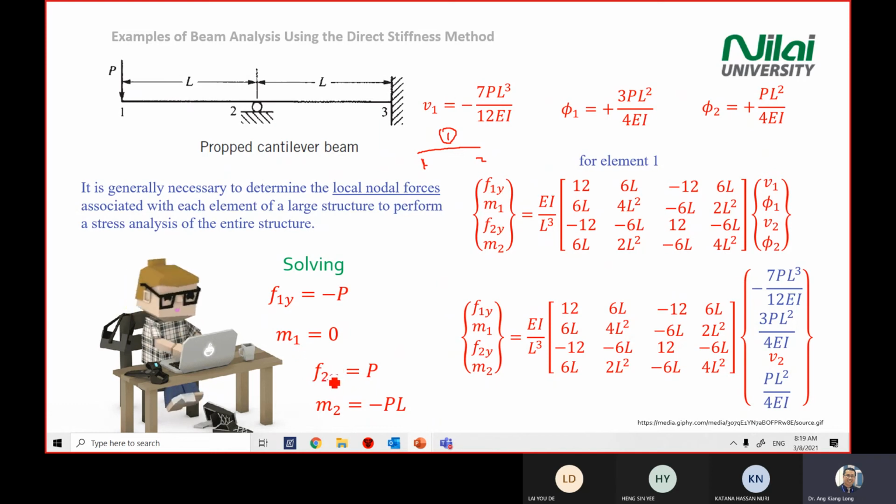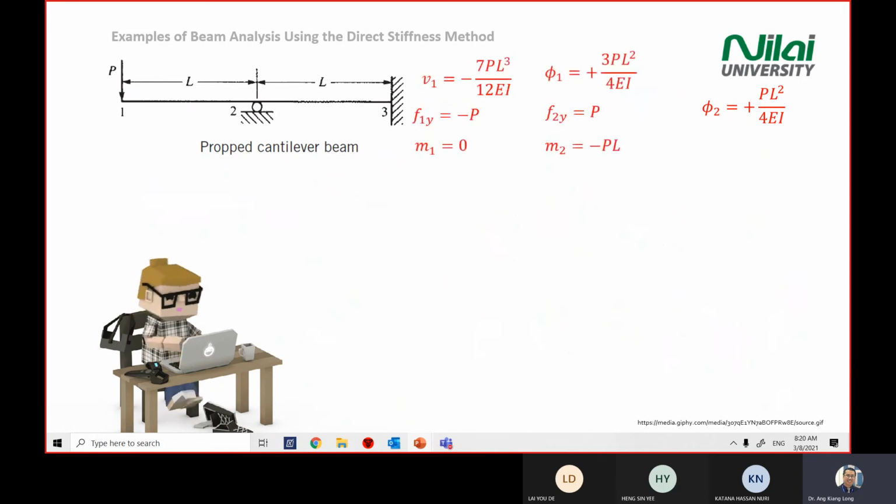And then for F2y at point number 2, there will be a positive force going up. And for moment number 2, it will be a negative PL. It just means that the rotation at point number 2 will be in the clockwise direction.